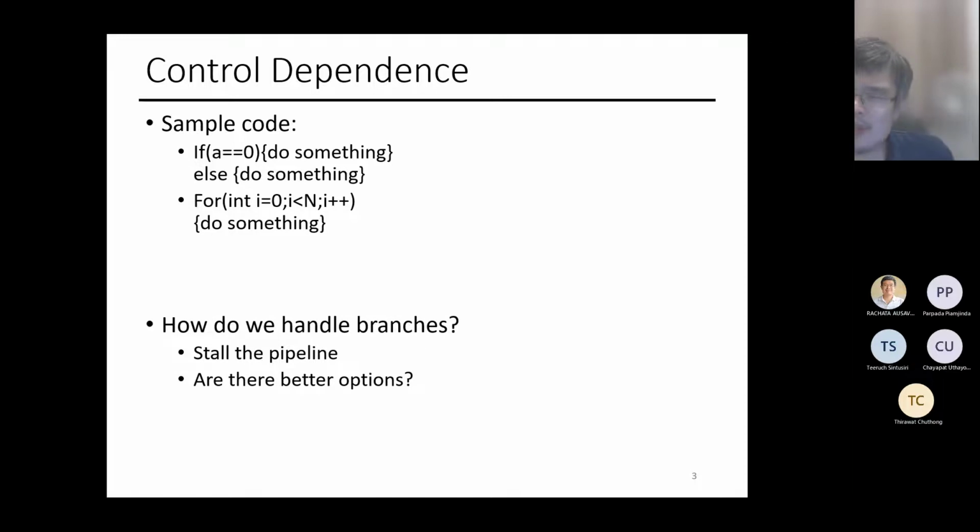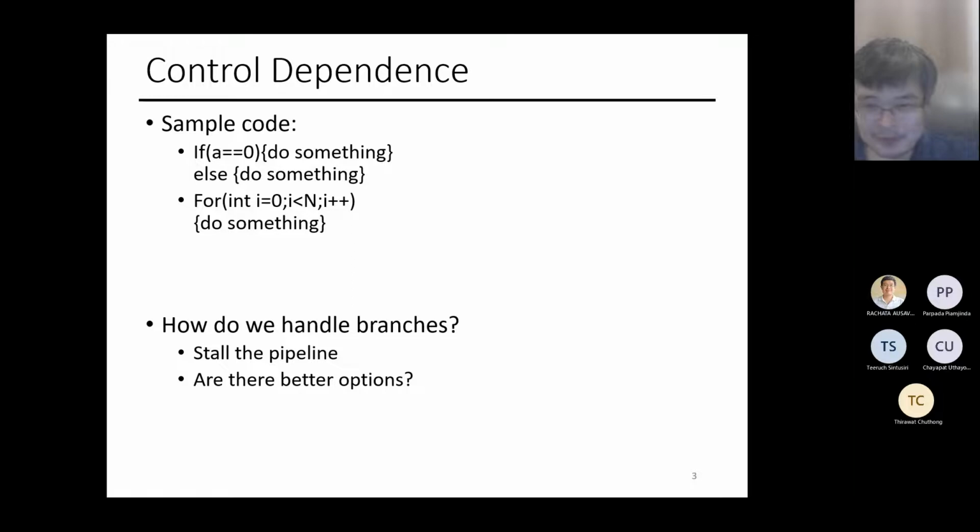The thing is, when you think about the pipeline, you need to figure out how we actually handle the branches, right? Because one of the most basic things we can do is to stall the pipeline. But the problem with stalling the pipeline that we learned from the last lecture was that you don't really know an instruction is a branch until decode, right?